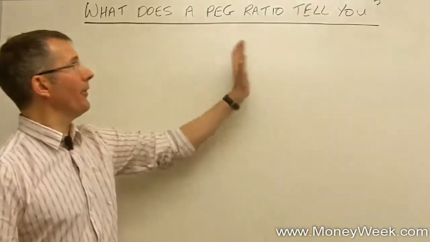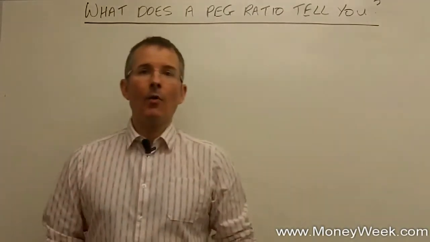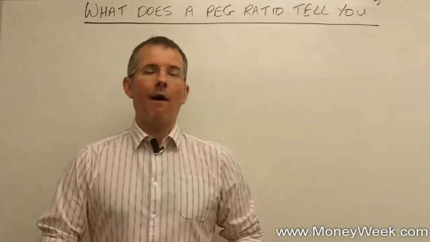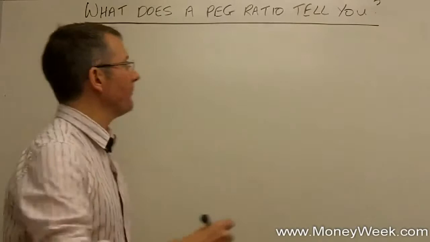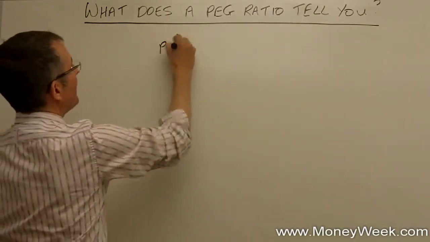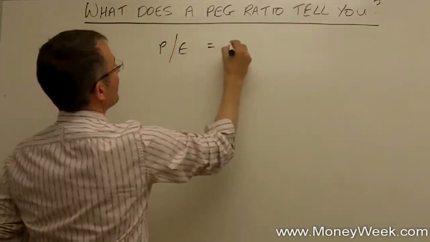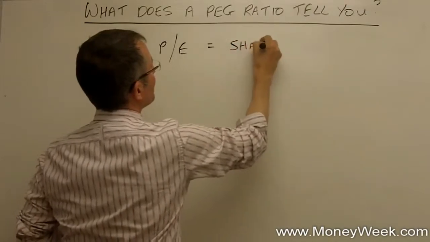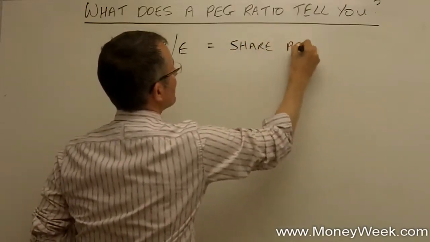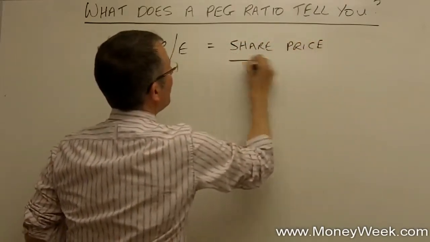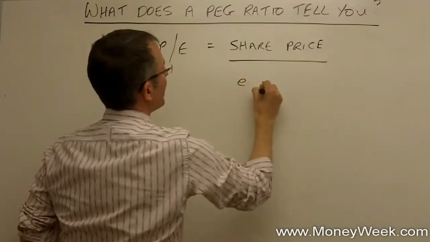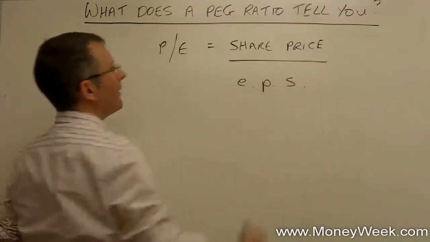Okay, so what is this thing, the PEG? Well, PE ratios are fine up to a point. A basic plain vanilla PE ratio is the current share price over the latest earnings per share figure.